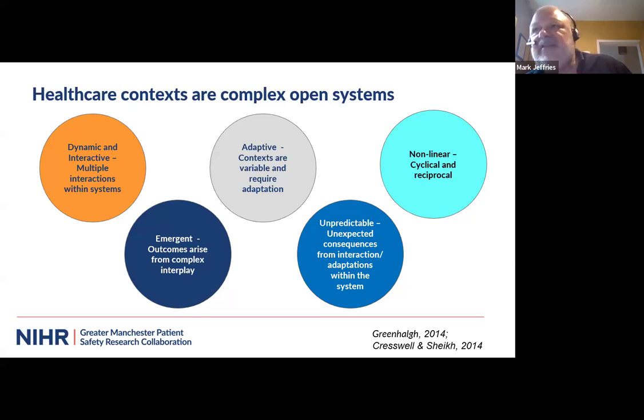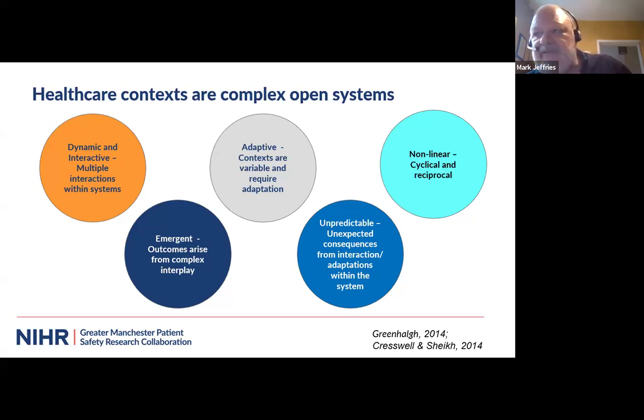And healthcare in itself is not predictable, so it has to be adaptive. It's non-linear. Things don't work in a straight line. Anyone who works in healthcare will know that things don't happen in that way. And outcomes emerge from that complex interplay of different parts of the system. So it's emergent, and because of those interactions, it's unpredictable and unexpected.